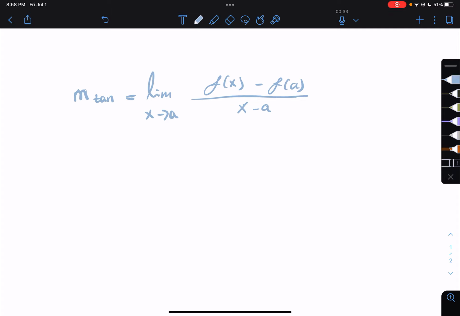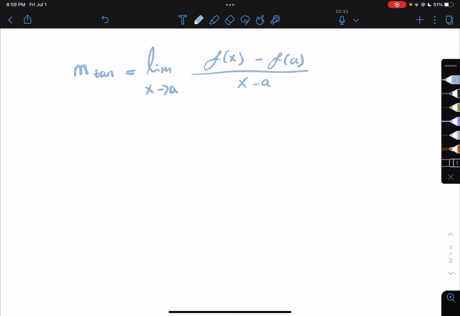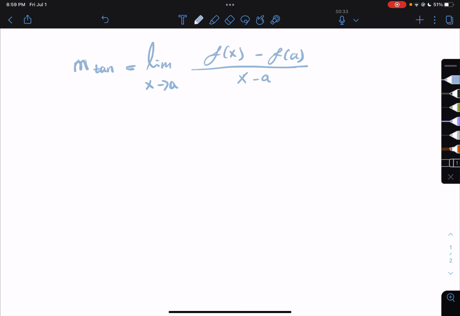And there is a second method, but also it's presented in a different way. And we can derive it from this equation we have here. And I will show how this is done.